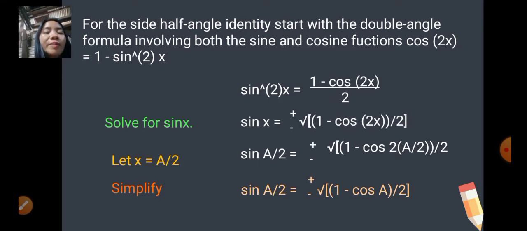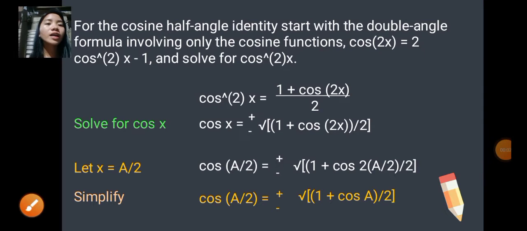Then, let x is equal to a over 2. So, substitute the value of x. Simplify. So, we have sine a over 2 is equal to positive and negative square root of (1 minus cos a) over 2, because the 2 is cancelled.